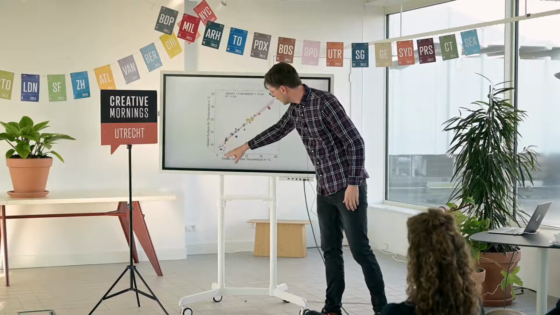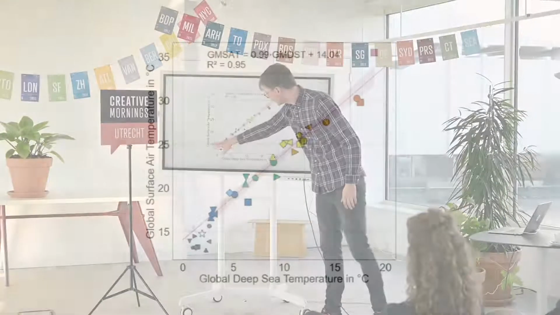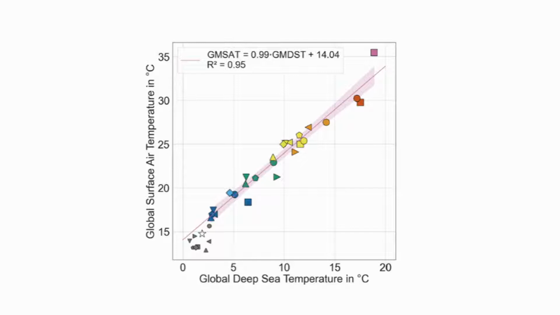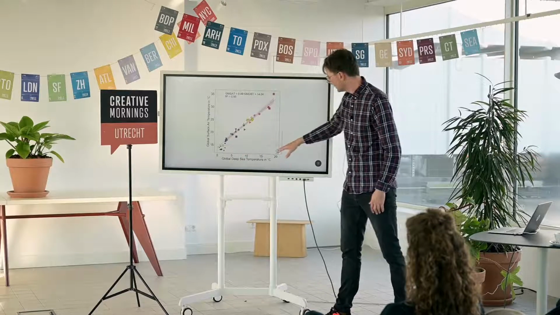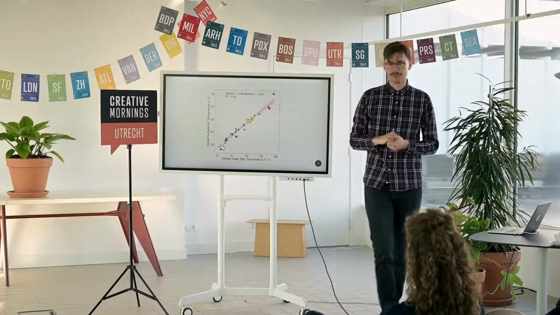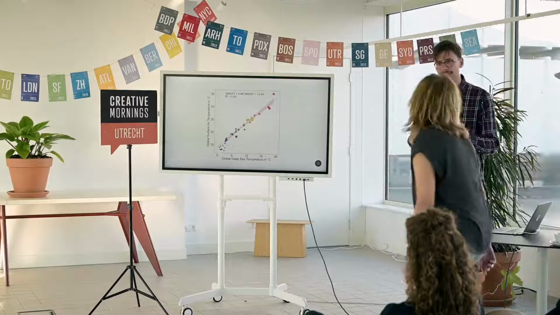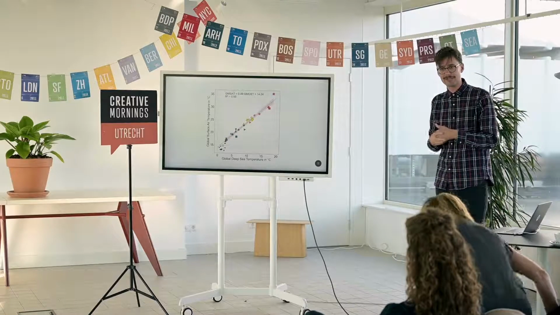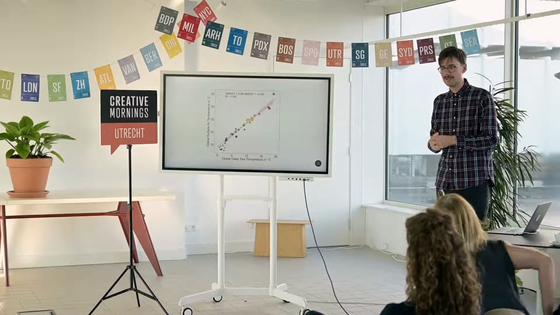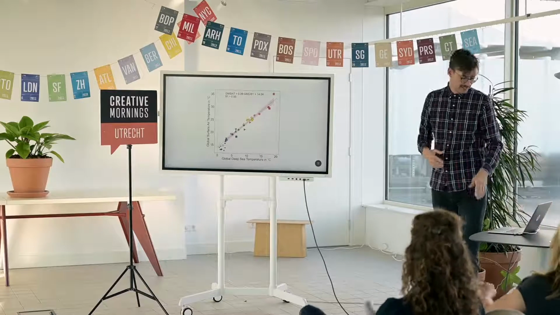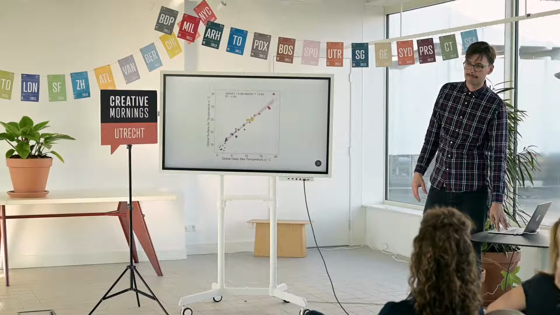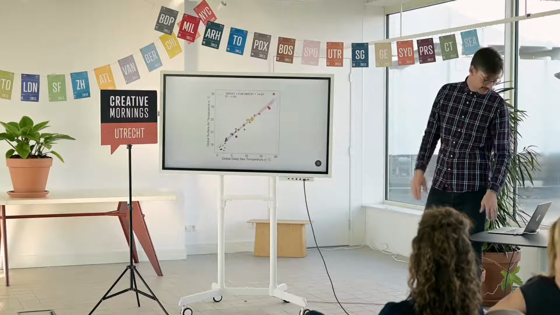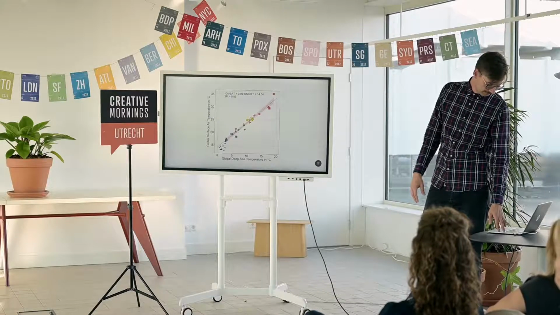We are now somewhere here, so the deep ocean is very cold. Surface is around 14, 15 degrees. If we warm the planet, we warm the deep sea in a similar fashion as we would warm the surface ocean. So if we can reconstruct the temperature of the deep sea in the past and its changes, then we have a means of reconstructing the global temperature change at the surface as well.